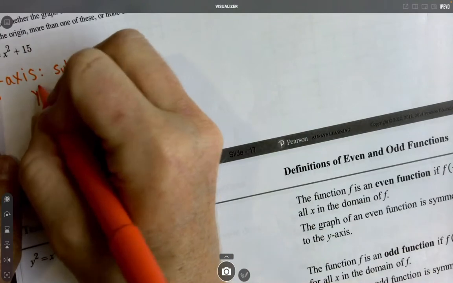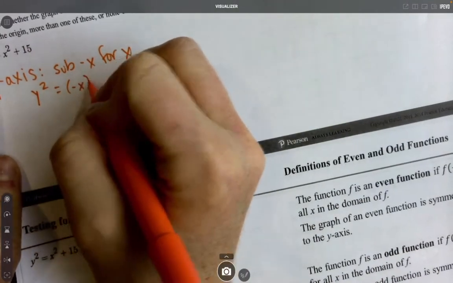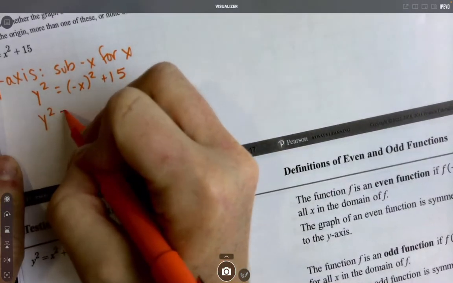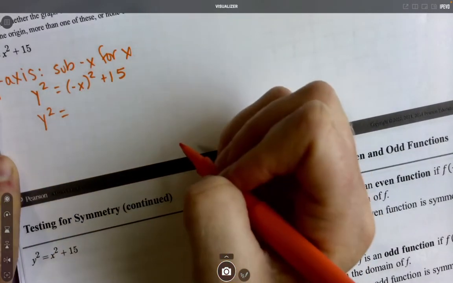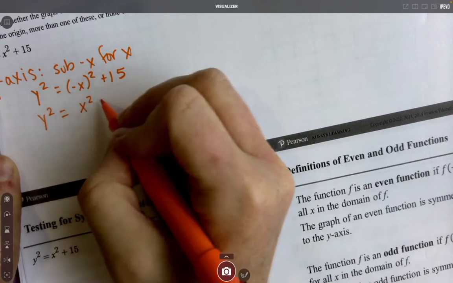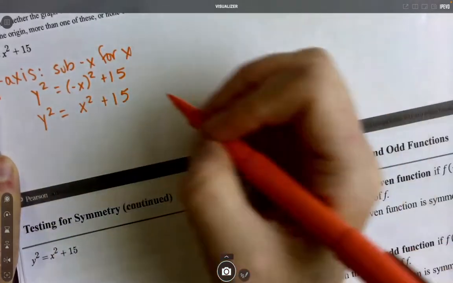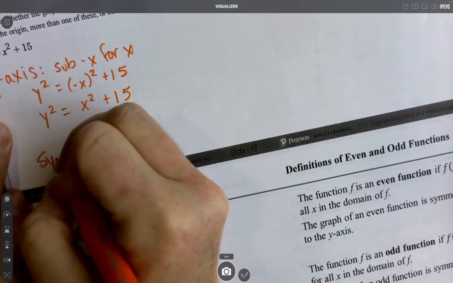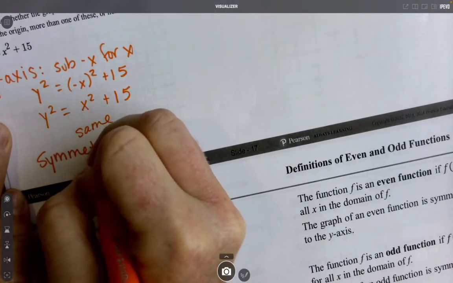So we have y squared equals negative x squared plus 15. Anytime you square it, you get a positive, so it'd be x squared plus 15. Same. So symmetric about the y-axis.